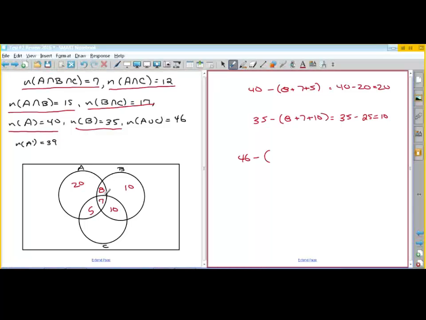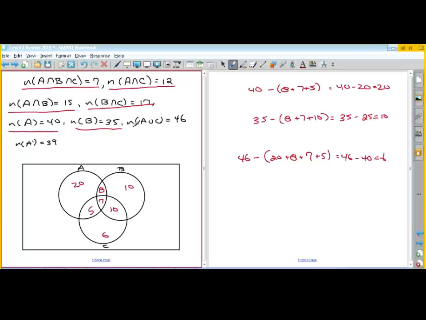So if I take 46 and I subtract the sum of these, so I'll have 20 plus 8 plus 7 plus 5. So that's those, this one, that one, that one, that one, plus that one. That's 20, then you've got 28, 35, 40. So you get 46 minus 40 is 6. So 6 go in there.